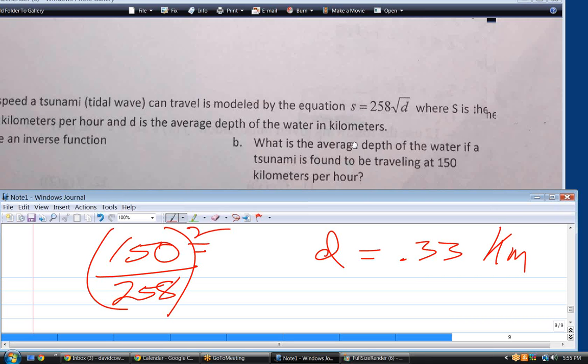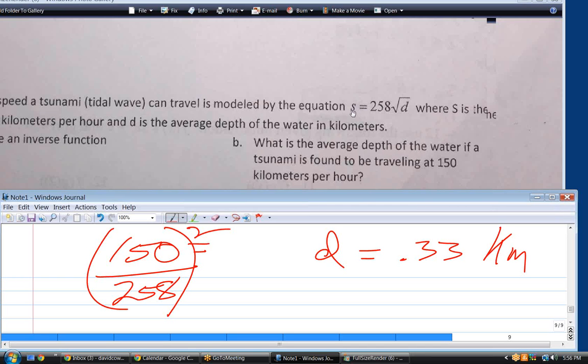If I look at this function here, I can say that S is directly related to the square root of D. And remember from our inverse and direct relationships, if something is directly related, then as this variable goes up, this one goes up. As this one goes down, this one goes down. So what this says is that as you get close to shore, the speed goes smaller.